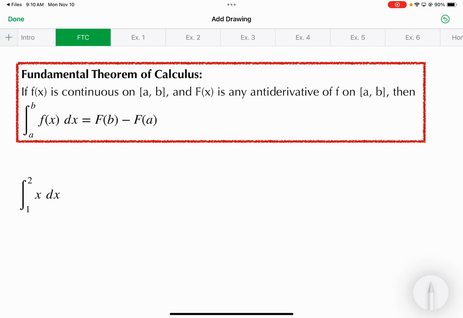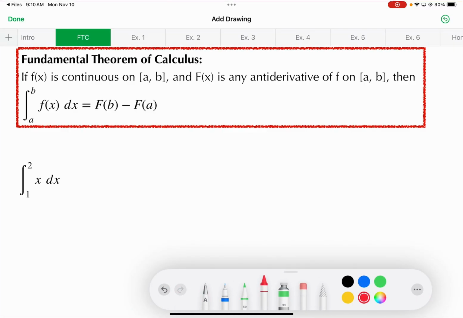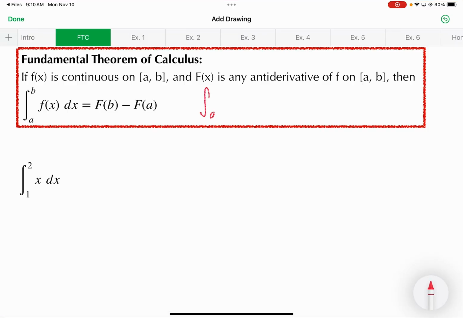What letter do you notice is missing that we've dealt with in integrals in the past? C. There's no C there. It's not necessary. Let me show you why. Let's do this first problem. You'll often find that the notation that I will use when I write this, integral from a to b of lowercase f of x dx, is equal to capital F of x and then evaluated from a to b.